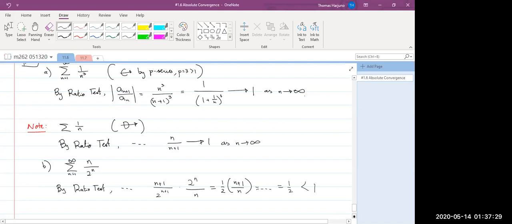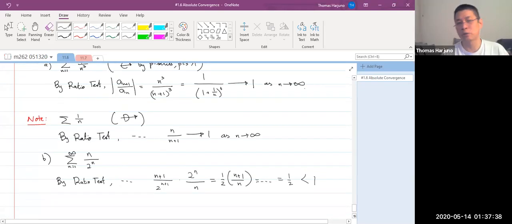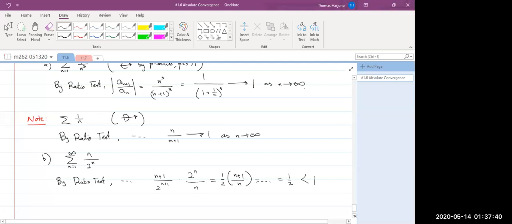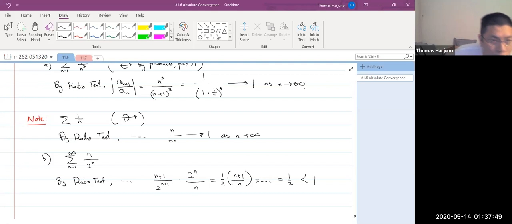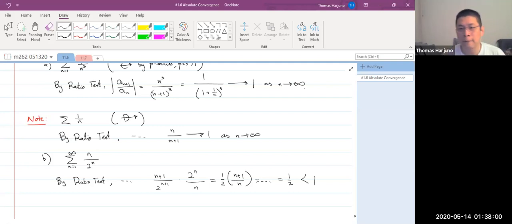Could you also apply limit comparison test to this one? Limit comparison test. To the original series, could we use that to test for convergence or divergence? You say limit comparison test, so you need to give me another series that you know will work. 1/2 to the power of n?